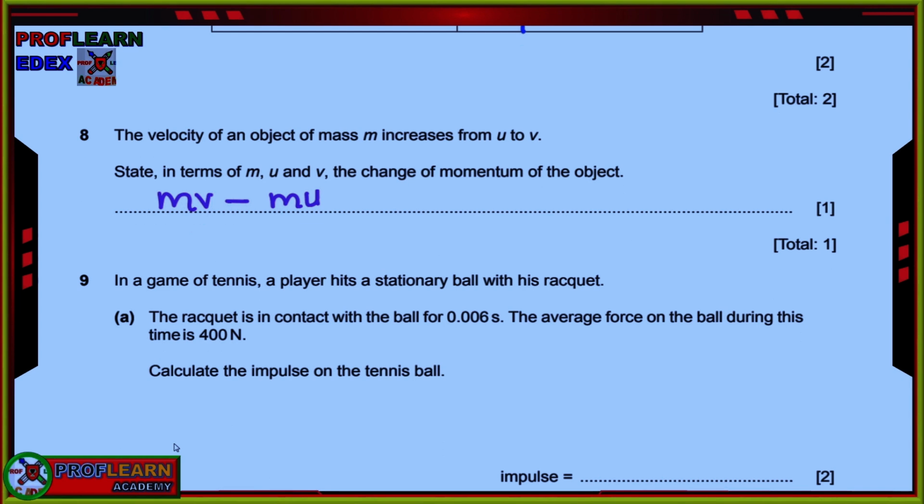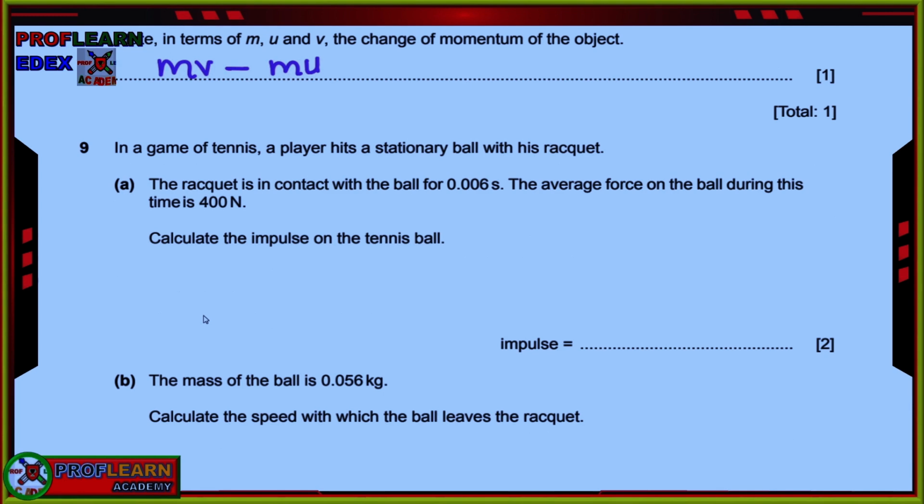A racket is in contact with the ball for 0.006 seconds, and the average force is 400 newtons. Now, to work out impulse in this question, we shall use impulse is equal to Ft, because we have the force and also the time.